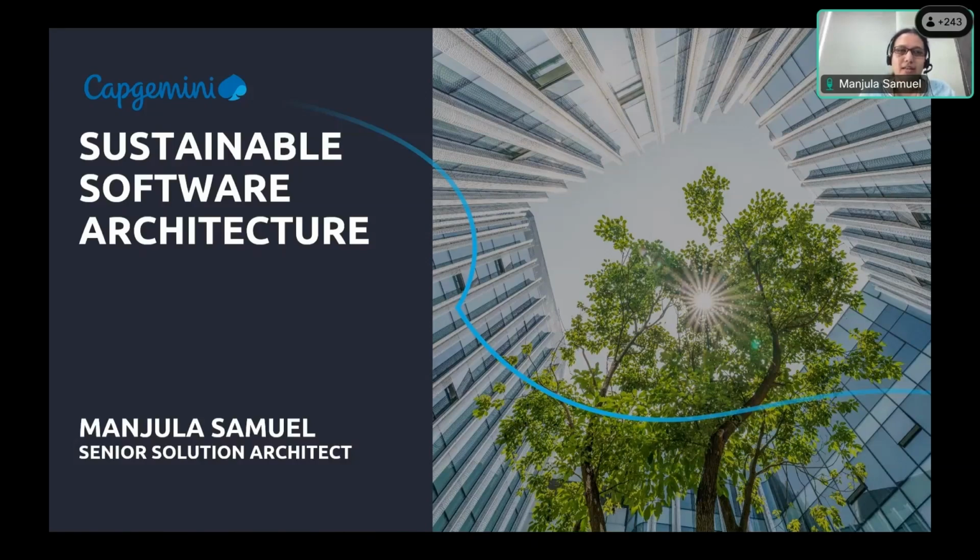However, with this increasing demand comes a growing awareness of the environmental impact of our technology-driven world. From data centers consuming vast amounts of energy to electronic waste piling up, the need for more sustainable approaches to software development has become more urgent. Sustainable technology is also one of Gartner's top strategic technology trends for 2024.